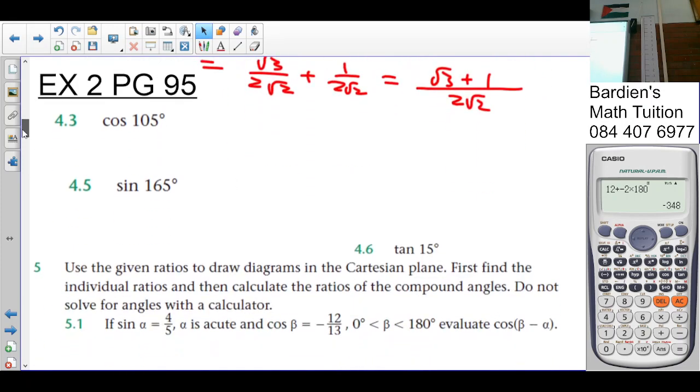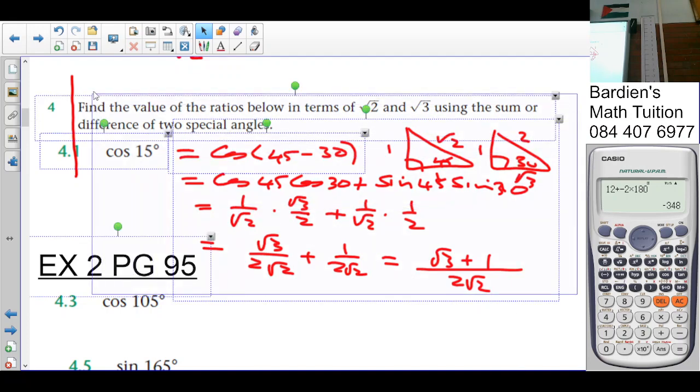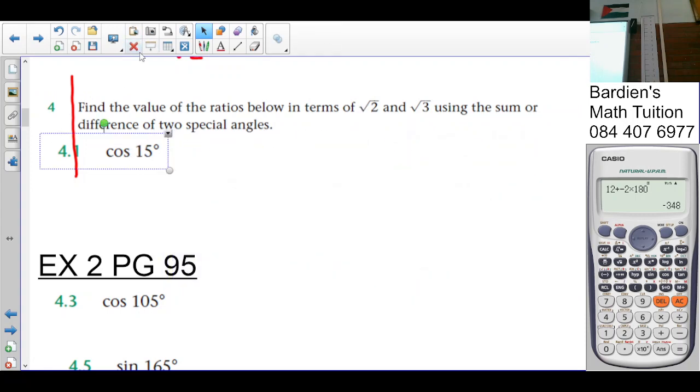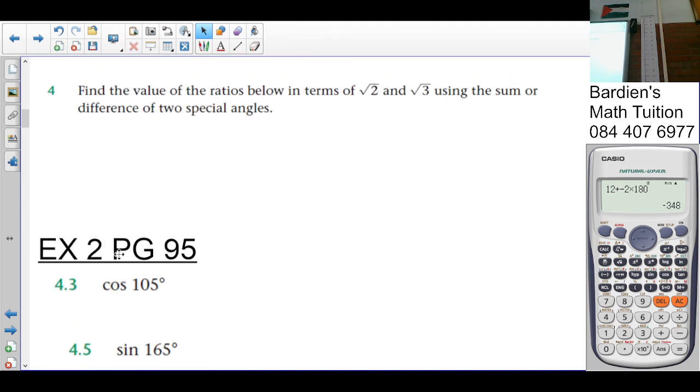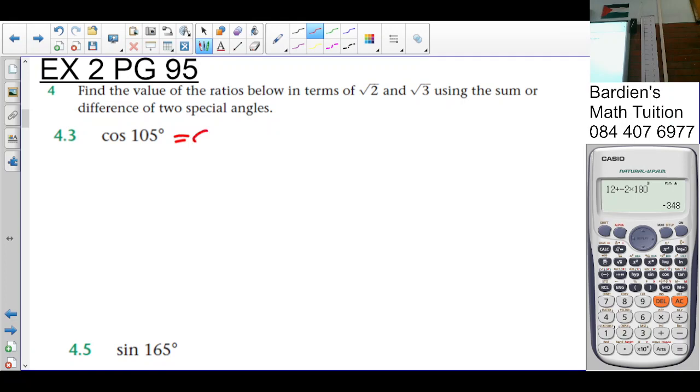Look at the next one. Just take this away. cos 105. Which special angles make up 105? 60 plus 45.